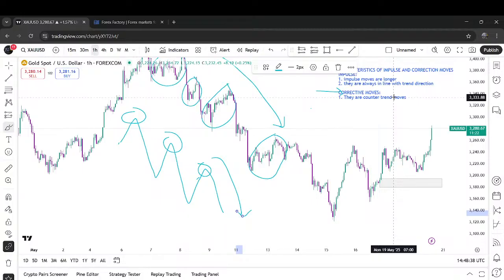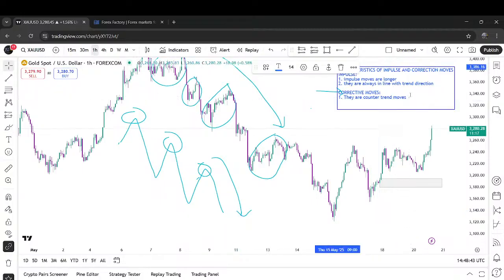We see that the corrective moves are counter trend moves, and another thing is that they are shorter than the impulse moves.